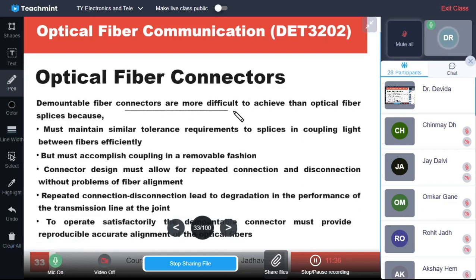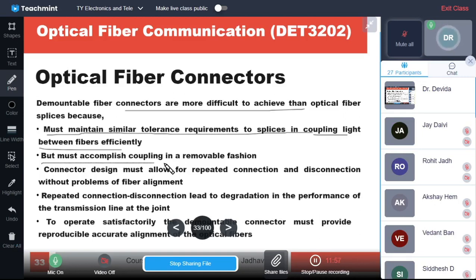Demountable connectors in general are more difficult to achieve because they have a double job. One is that they must maintain the same tolerance required of a splice in coupling the light, just like couplers, with the same efficiency, and also accomplish the coupling in a removable fashion.